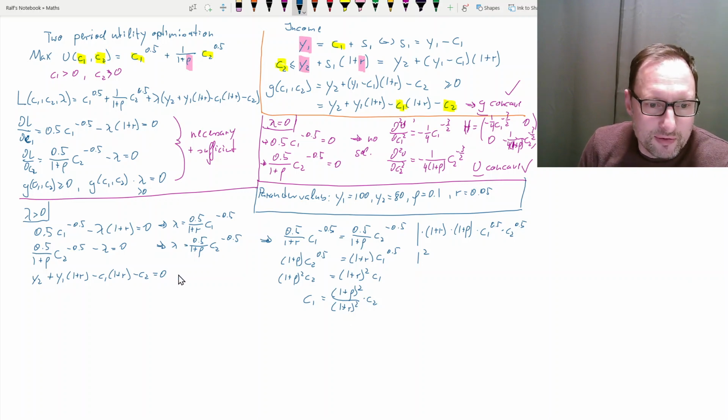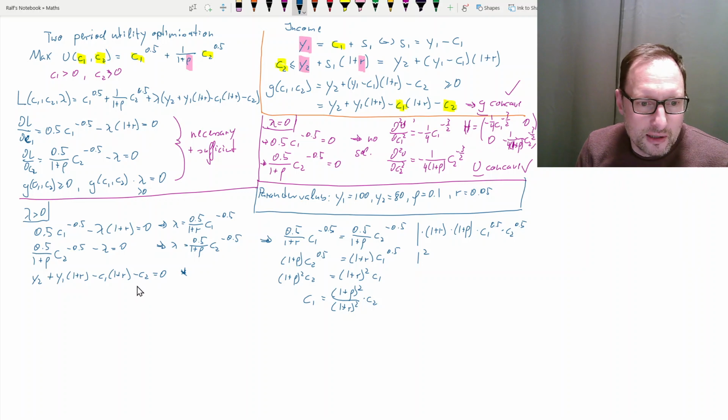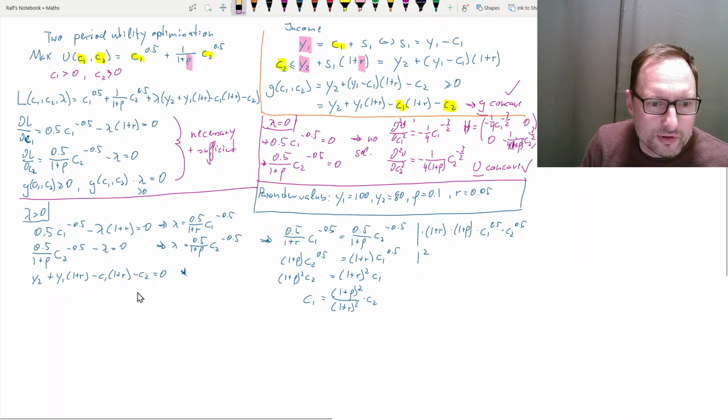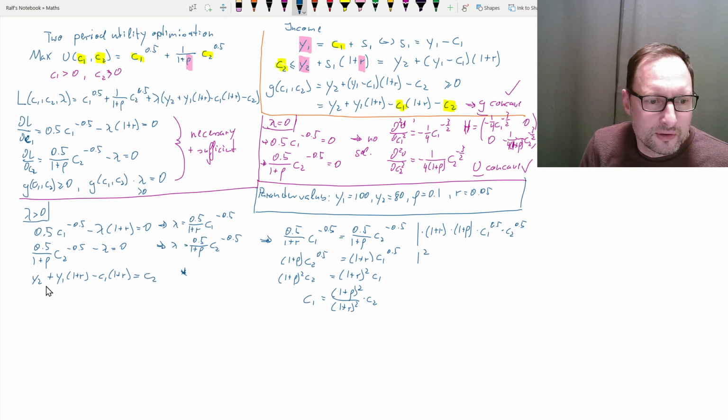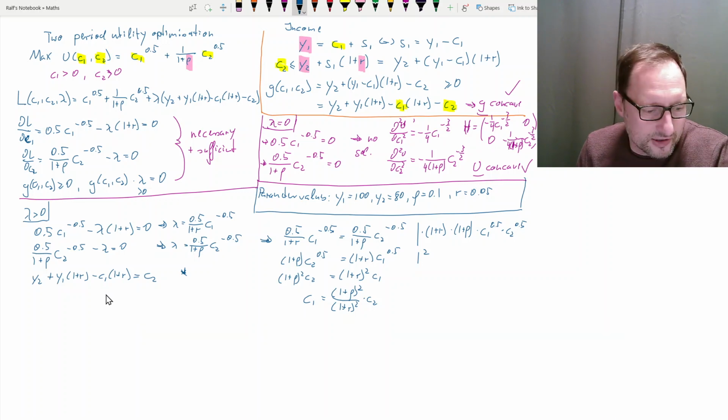But we have a second equation, that's our constraint equation here. And you can see from our constraint equation we can actually solve this very easily for C2. We just bring C2 onto the other side. So C2 is equal to Y2 plus Y1 times (1 plus r) minus C1 times (1 plus r).